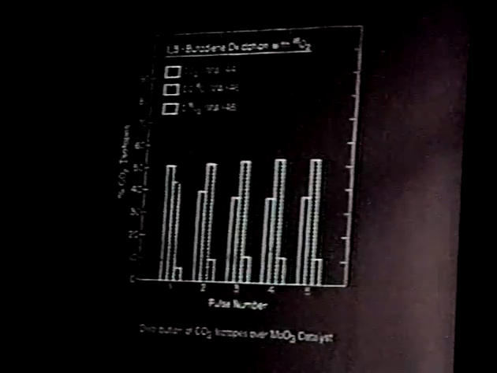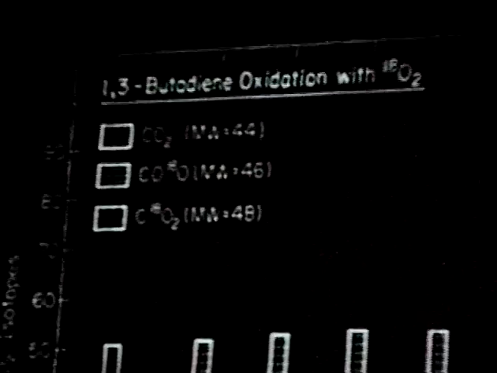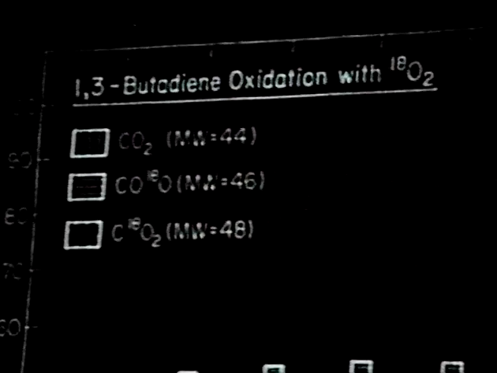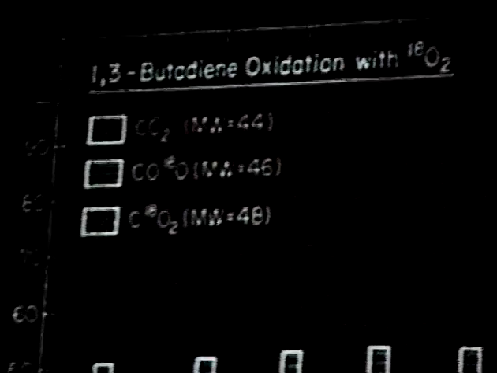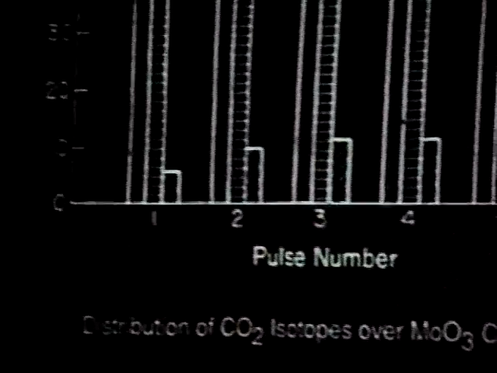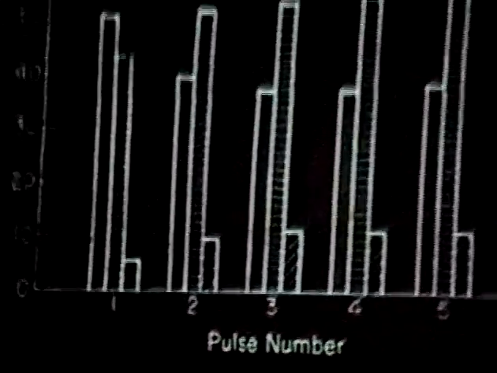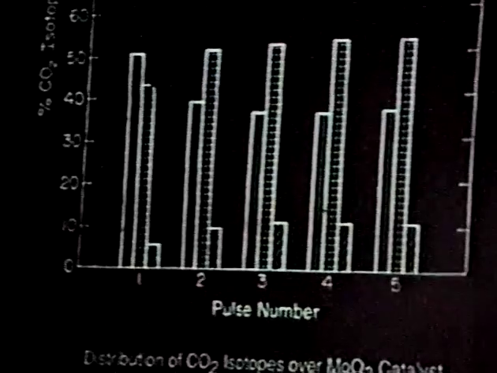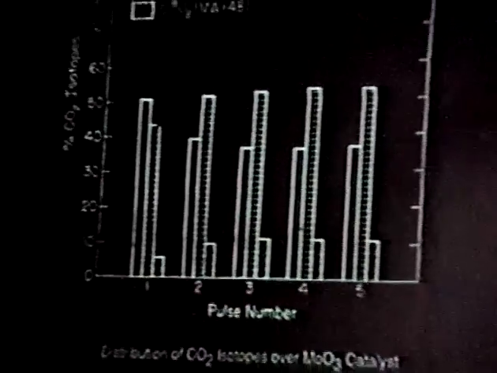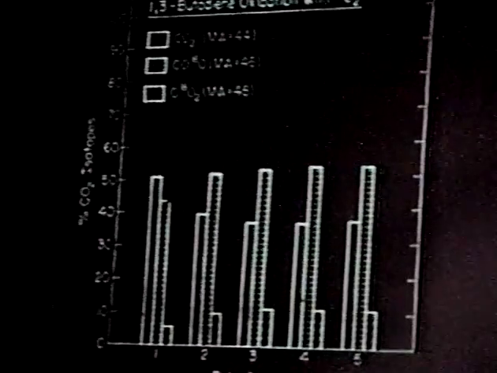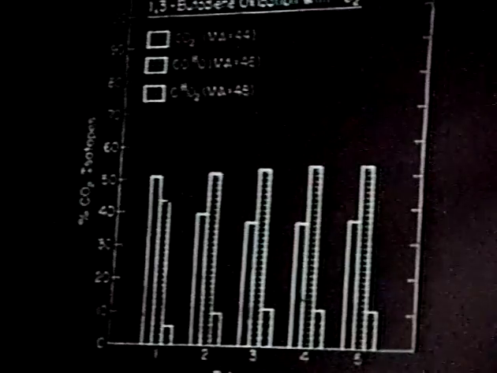Now I will move on to oxygen-18 pulse experiments and mention a few of the results. Again, we are looking at pure molybdenum trioxide catalyst here, and each of the bars represents a different carbon dioxide isotope. Except for the first pulse, we see that the largest percentage of carbon dioxide isotope has a molecular weight of 46. In other words, it contains one oxygen-16 atom and one oxygen-18 atom.